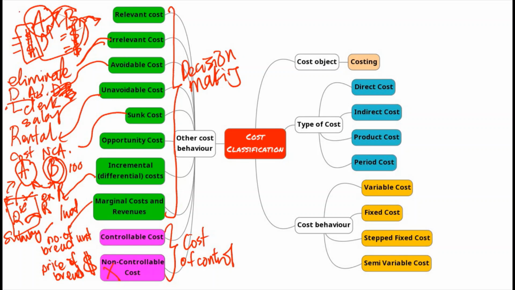For the controllable and non-controllable costs, this is for your cost control. For your cost behavior, fixed and variable, you have both, decision making as well as control. And for your valuation, you have all this.